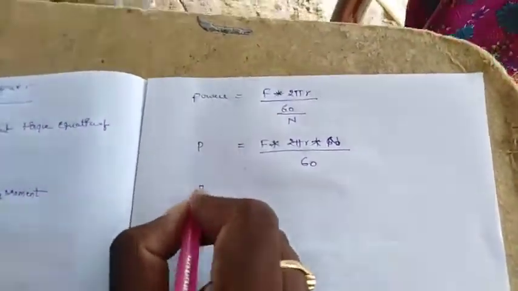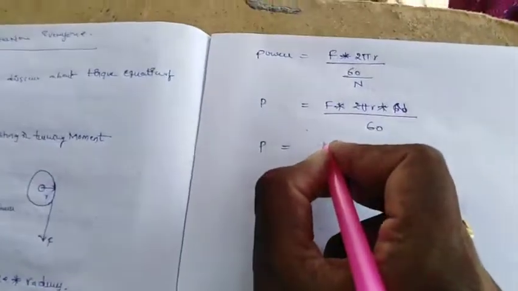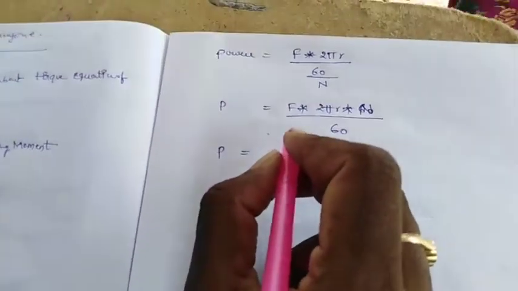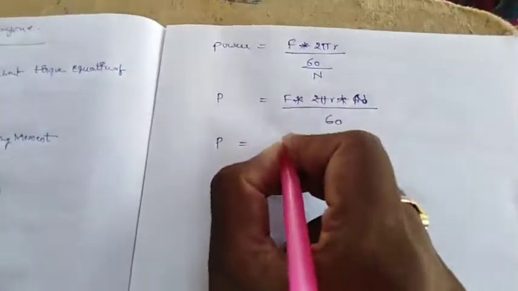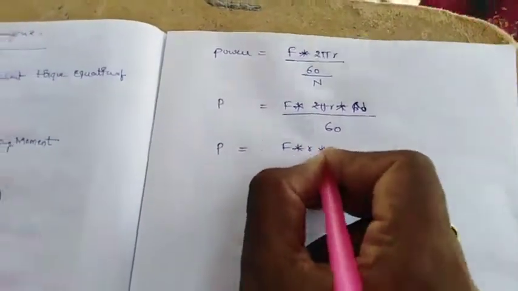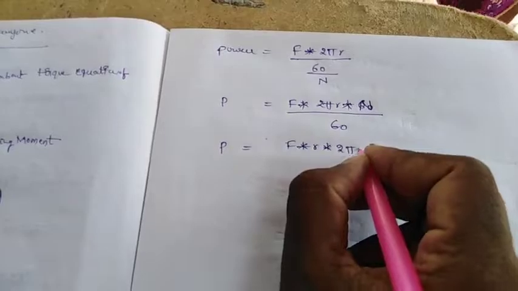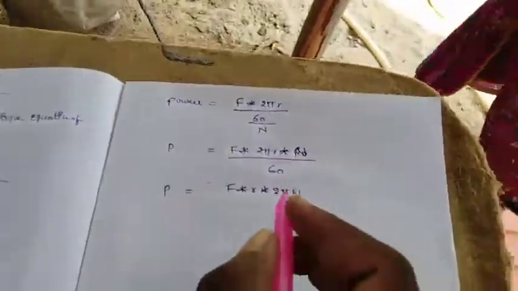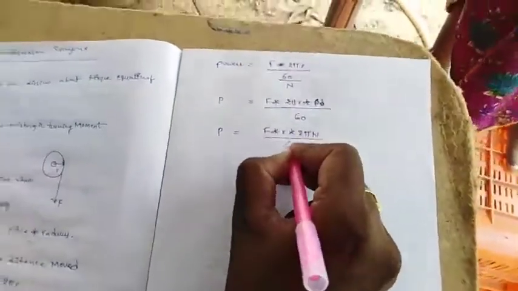So power P equals what? Power P is equal to F into R into 2 pi N divided by 60.